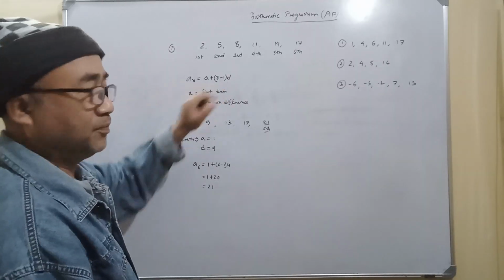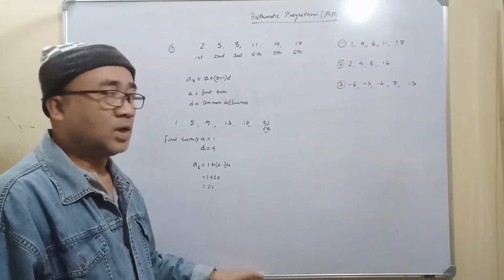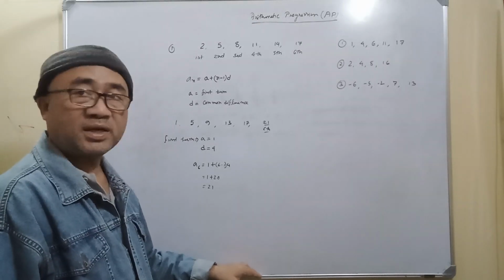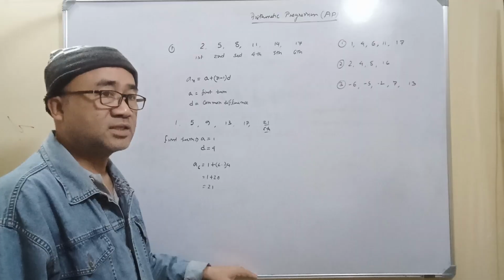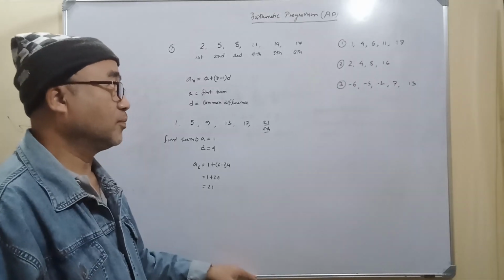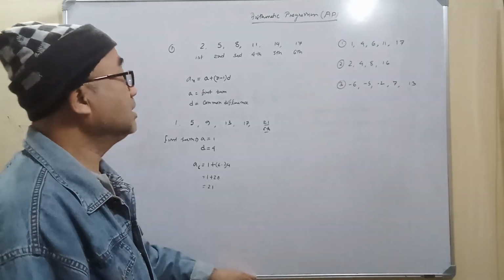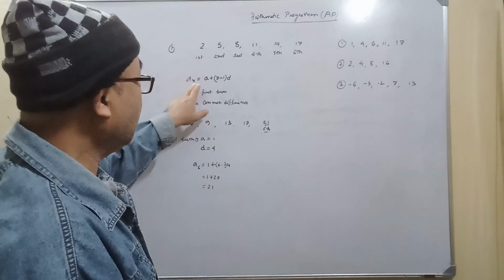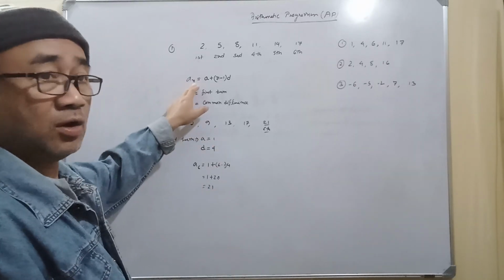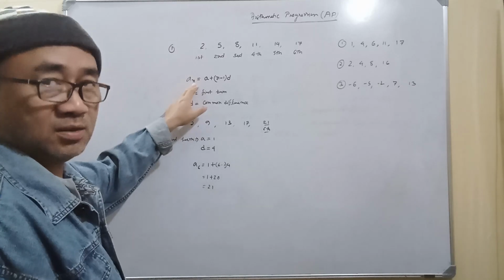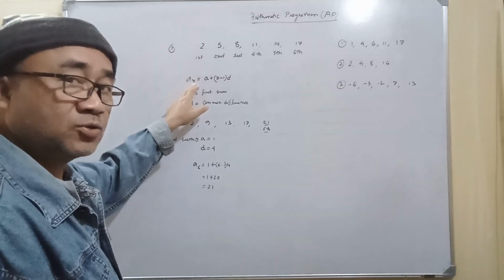By the way, one more important thing to remember is that most of the students get confused here. I have noticed that n denotes the number of the position of the term. It is not the actual value of the term.